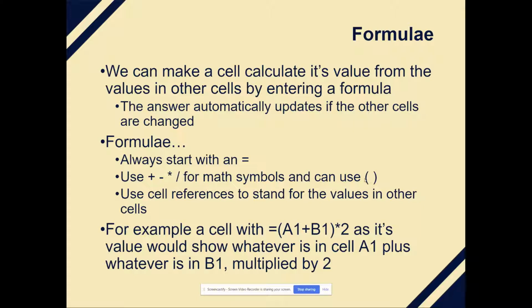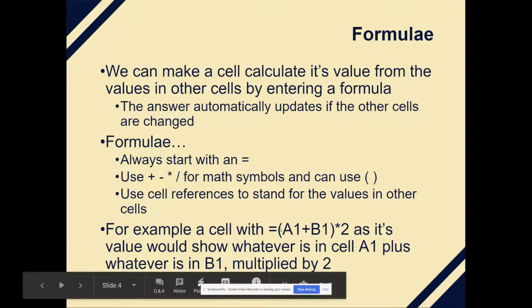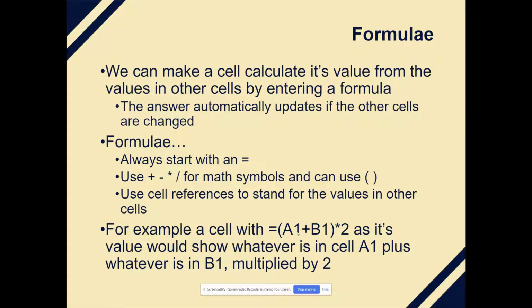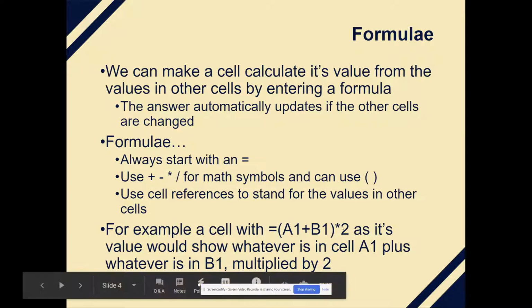We can also use brackets, which is something you would probably be familiar with from maths because you use those to group certain parts of calculations. And we use the cell references to stand for values. So for example, if I wanted to take what was in cell A1, plus B1, and times it by 2, that's the formula down here that I would write.